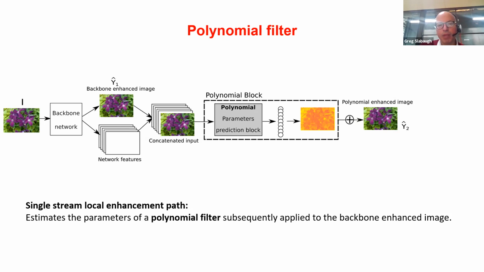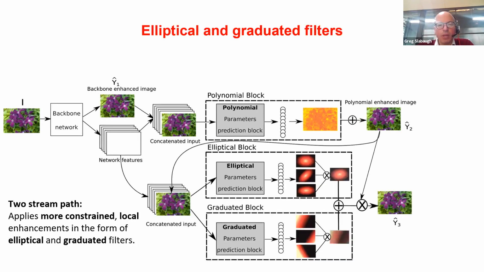We can then apply the polynomial block to enhance the image in terms of its brightness or its colors. We also have elliptical and graduated filters that we estimate. Here, these are a little bit different because we have a mechanism to estimate multiple filters. So we don't have to limit ourselves to, say, one elliptical filter. We can estimate 3, for example, and combine them. Same thing with the graduated filters.